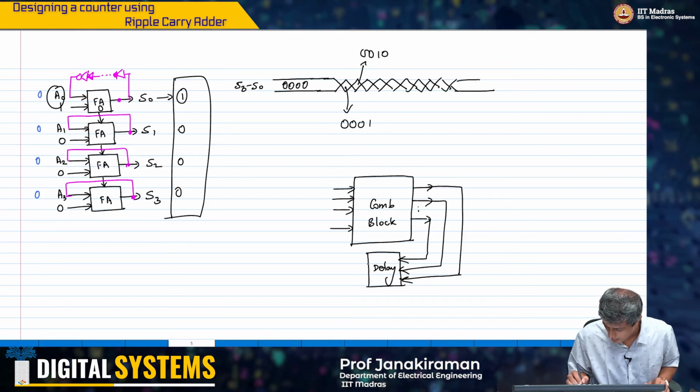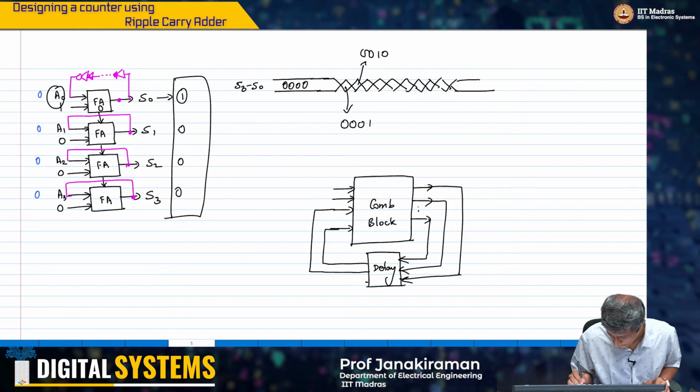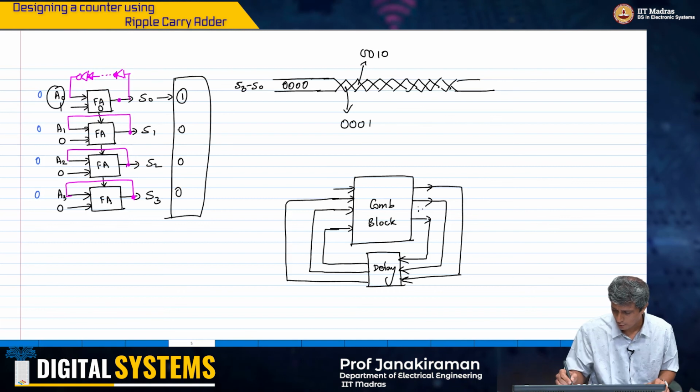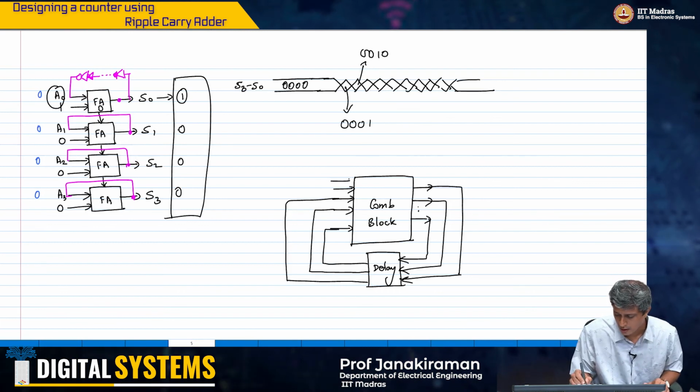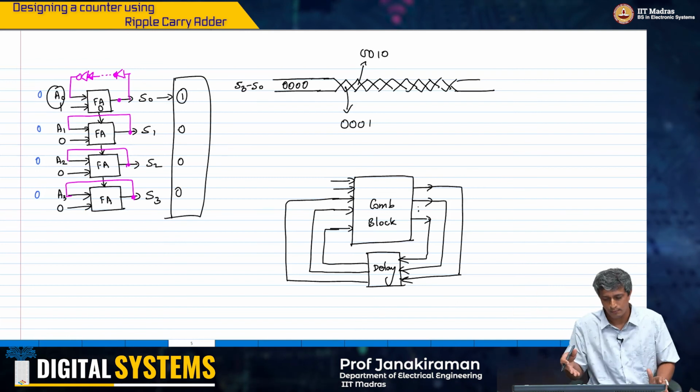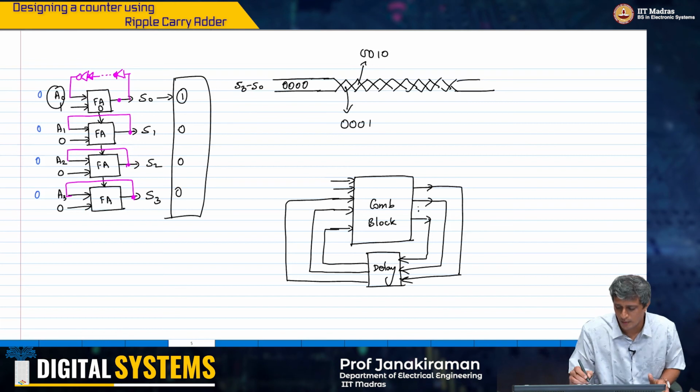And I could have, for example, two inputs which are not being fed back through this system, but are just primary inputs.